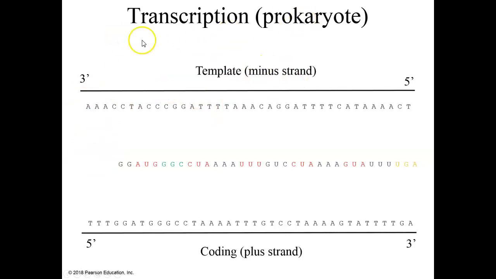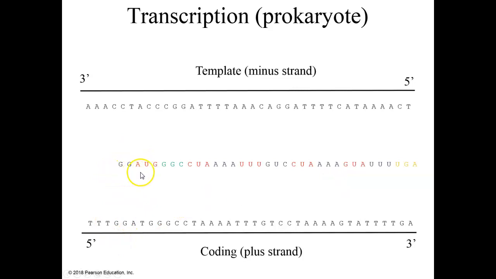And this is what I have produced in another class, but I use it to show the transcription of a prokaryotic organism. But here you can see I have the coding strand, and then you have the template strand. These are complementary to each other. If this is my coding strand, then I'm going to use my template to make my messenger RNA molecule.